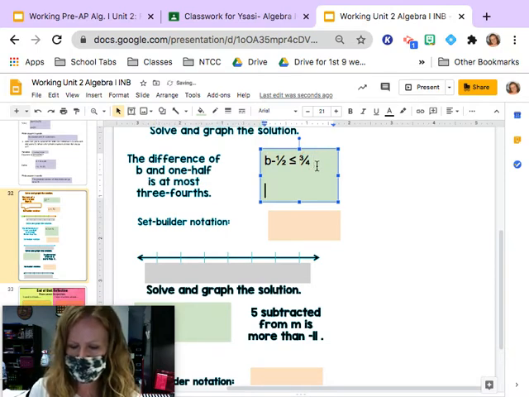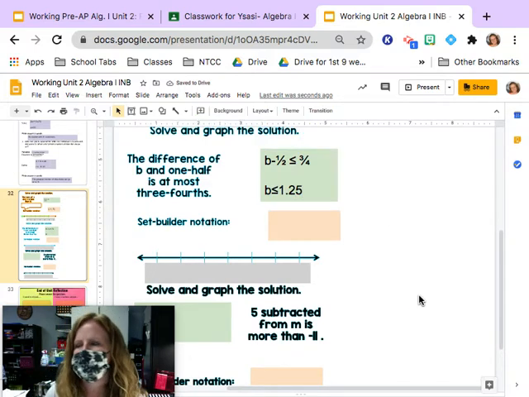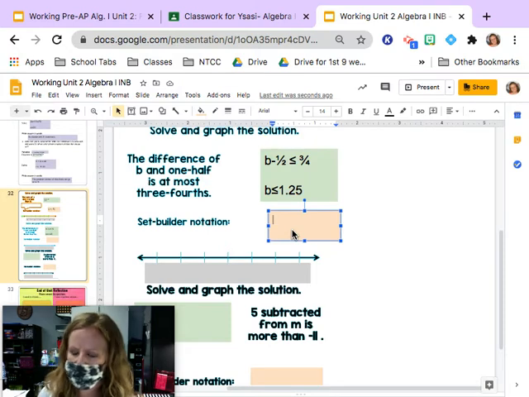So b is, I'm going to copy this, less than or equal to 1.25. Okay, set builder, no, we're going to do interval notation instead.